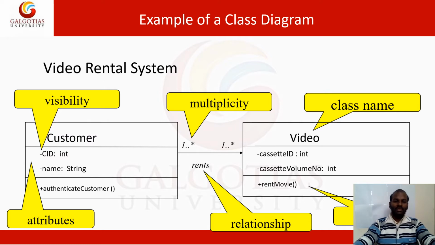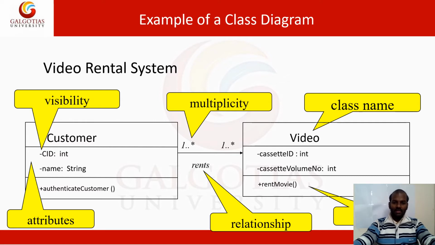The second portion is the attribute. Video is another class name, and for the video it should have two different kinds of attributes, and the last portion is operations. I already told you the plus and minus symbols for this class.